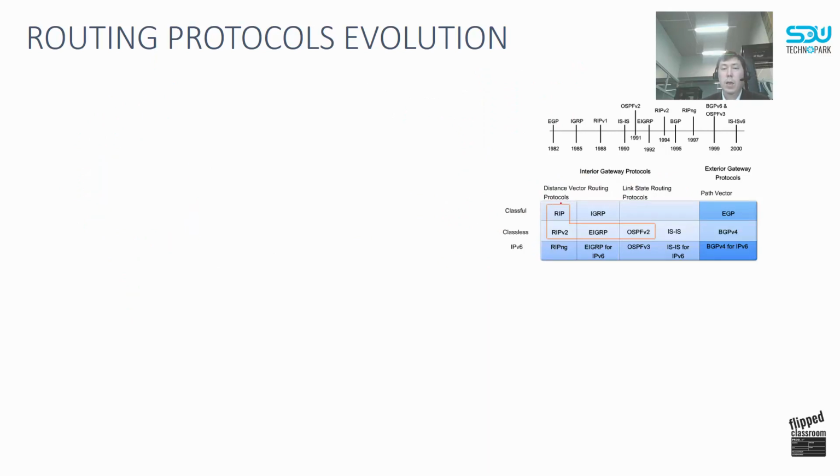And now let's take a look at the division inside the distance vector routing protocols. We have two columns here. One column stands for standard protocols, and the next column stands for Cisco proprietary protocols.